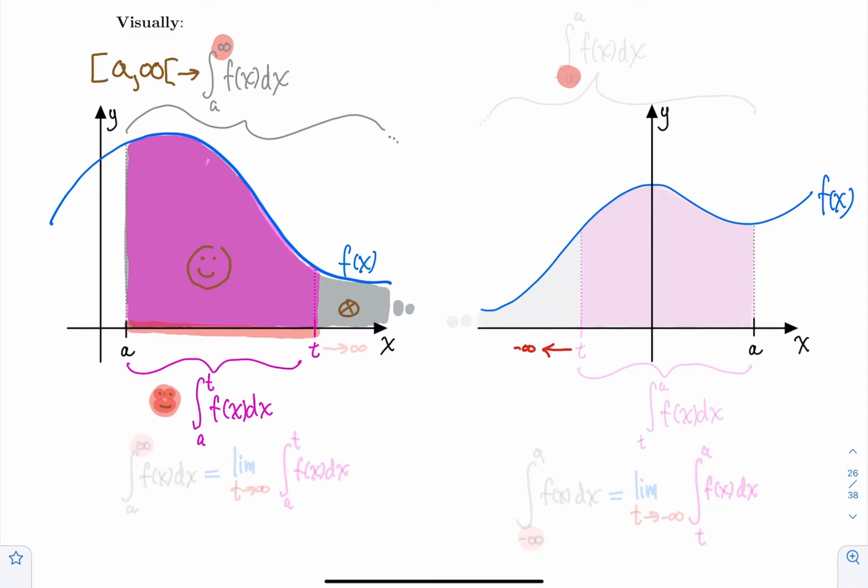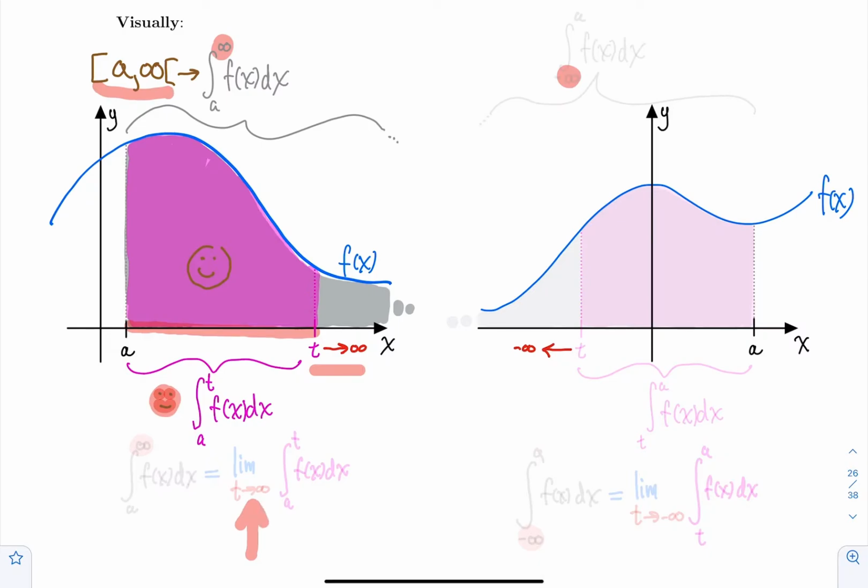So how can we go from this purple region, which is the definite integral from a to t, to the improper integral from a to infinity? Well, what you do is you just study the behavior of this purple region as t gets larger and larger. And how can you study something where a number gets larger and larger? By using a limit.